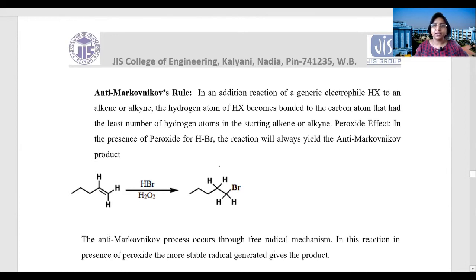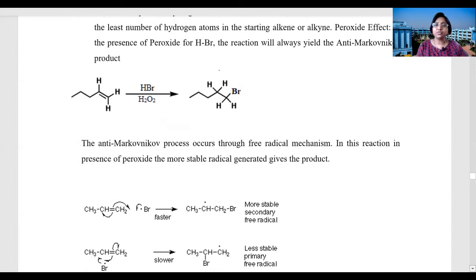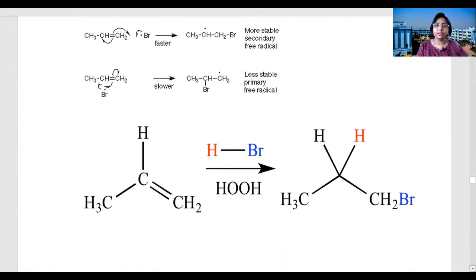Peroxide effect: in the presence of peroxide, for HBr, the reaction will always yield the anti-Markovnikov product. So if HBr is added in the presence of H2O2, then it will follow the anti-Markovnikov rule.